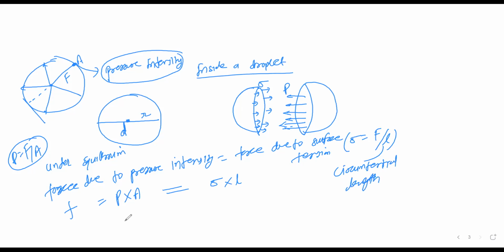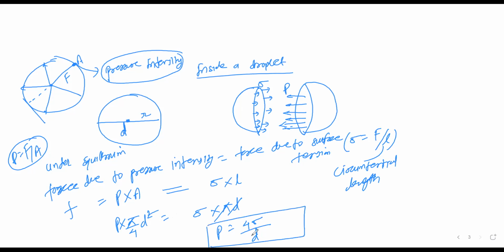So P into the area, pi by 4 d square, equals sigma into the circumferential length, pi d. Pi gets cancelled, one d gets cancelled. So the pressure is equal to 4 sigma by d, in Newton per meter square. This is the case for a droplet, and the droplet has only one surface.